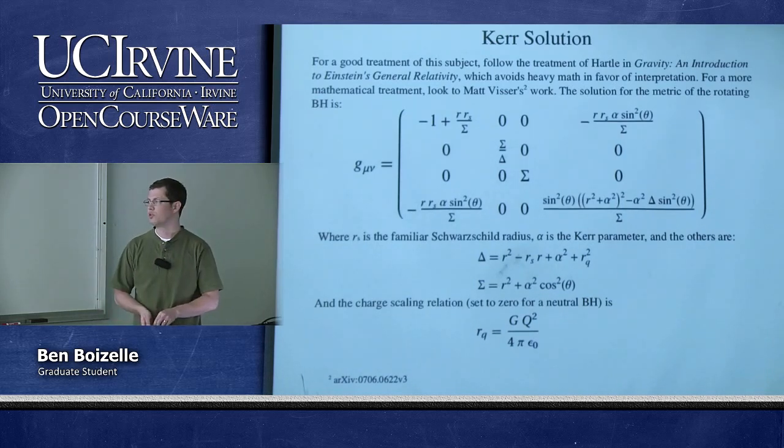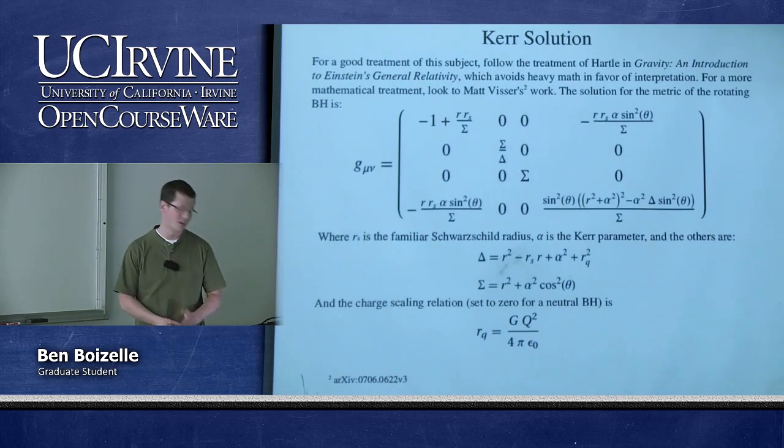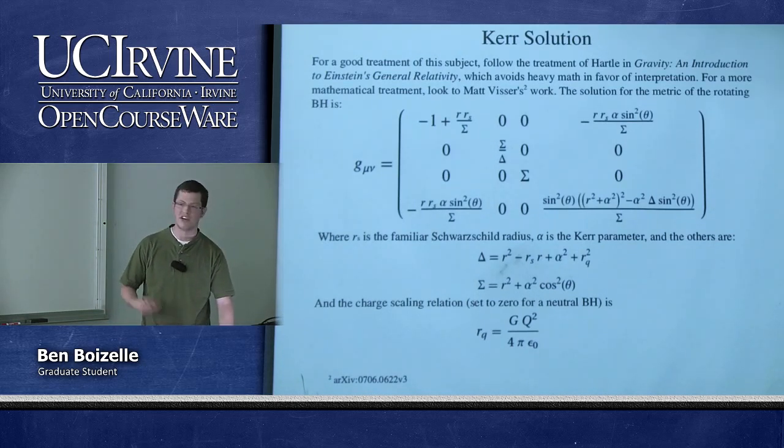For this, we're going to set this equal to 0. If you did not want to set that equal to 0, then it expands into, instead of just the Kerr solution, the Kerr-Newman solution, and changes things a little bit, but isn't that far off from the method presented here.